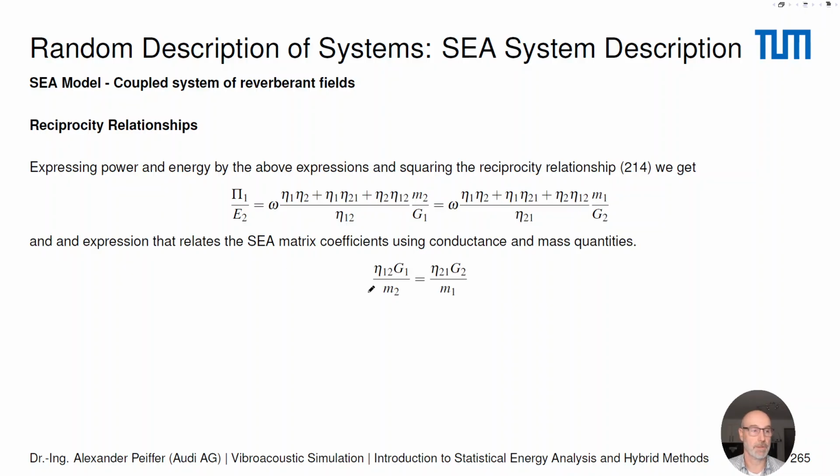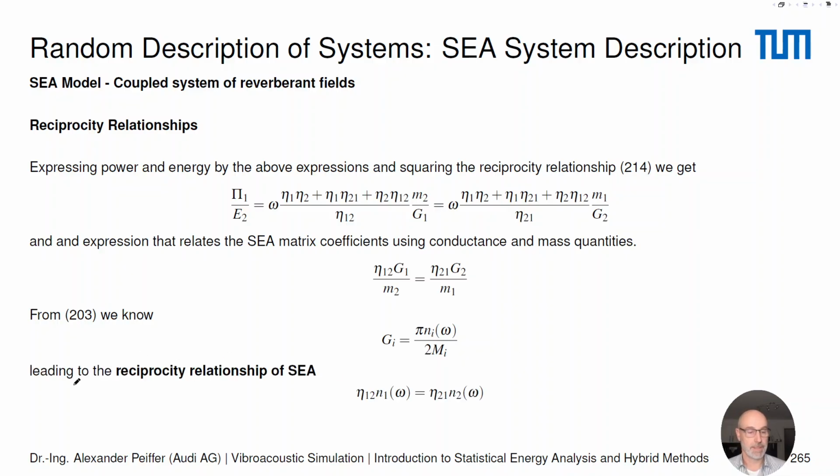Our force relationship is now given by this expression here. We know from equation 202 that there is quite a simple expression for this conductance, which is just given by the modal density and the mass. If we use this in the equation above, this leads finally to the so-called and very important reciprocity relationship of SEA.